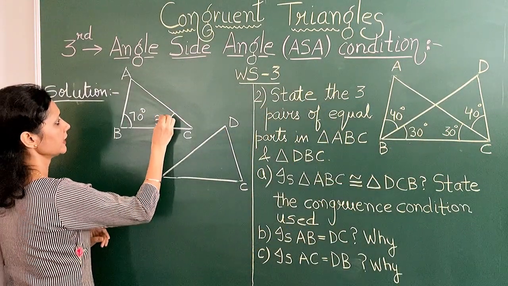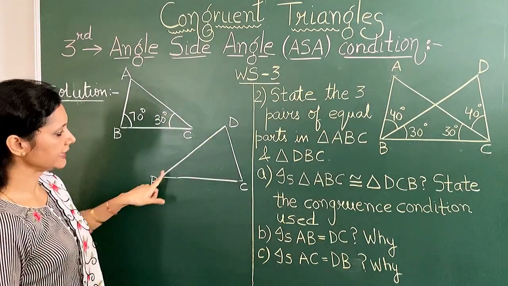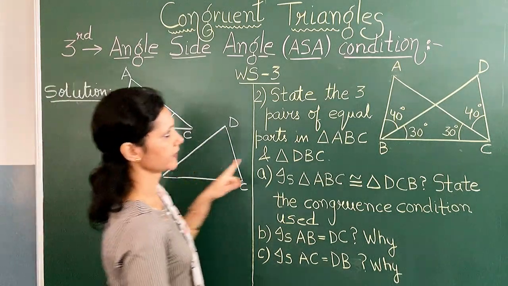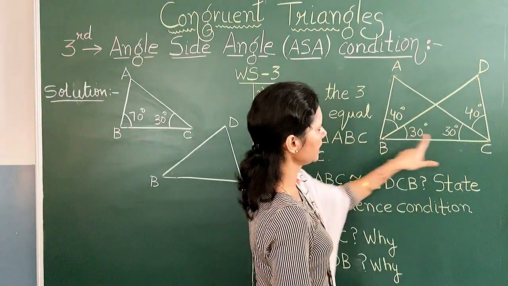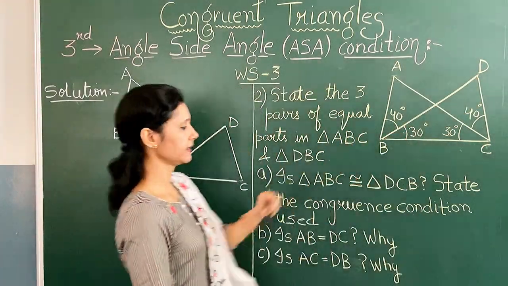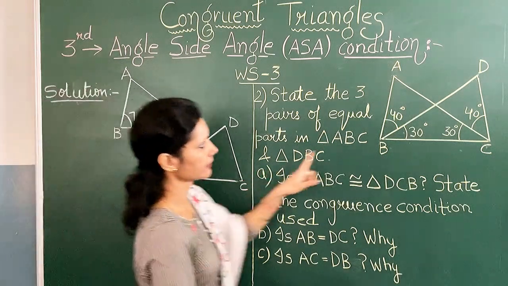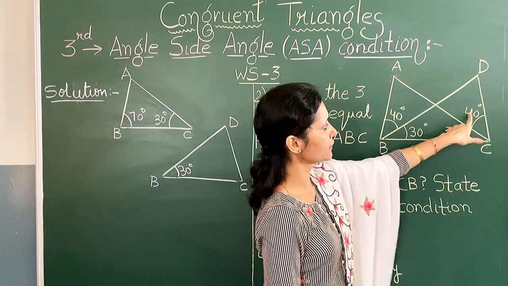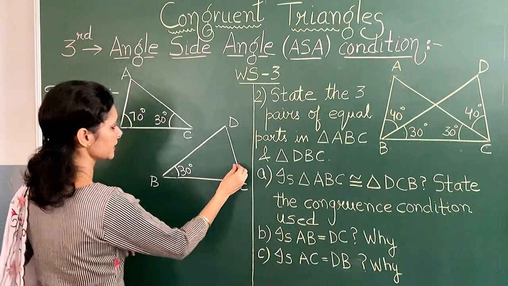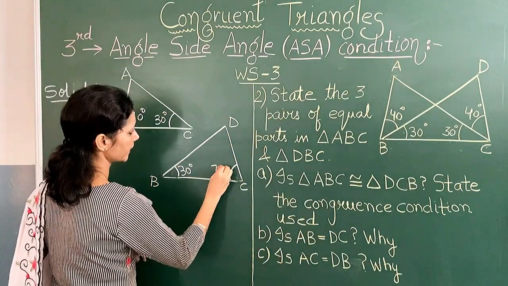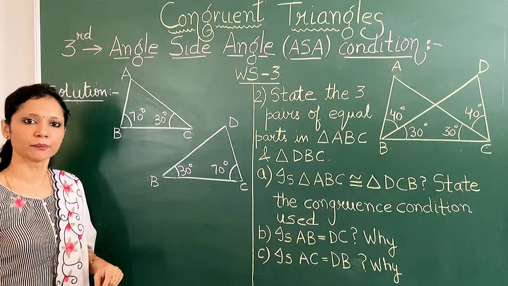So this is 30 degree. Again in triangle DBC, angle B is 30 degree. And angle C, this complete angle is 40 plus 30, that is 70 degree. Now we can easily find the matching pairs.